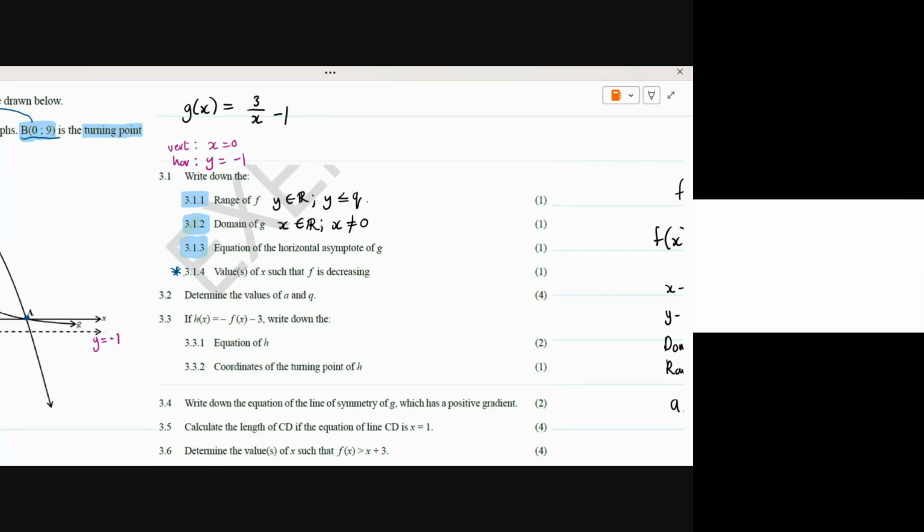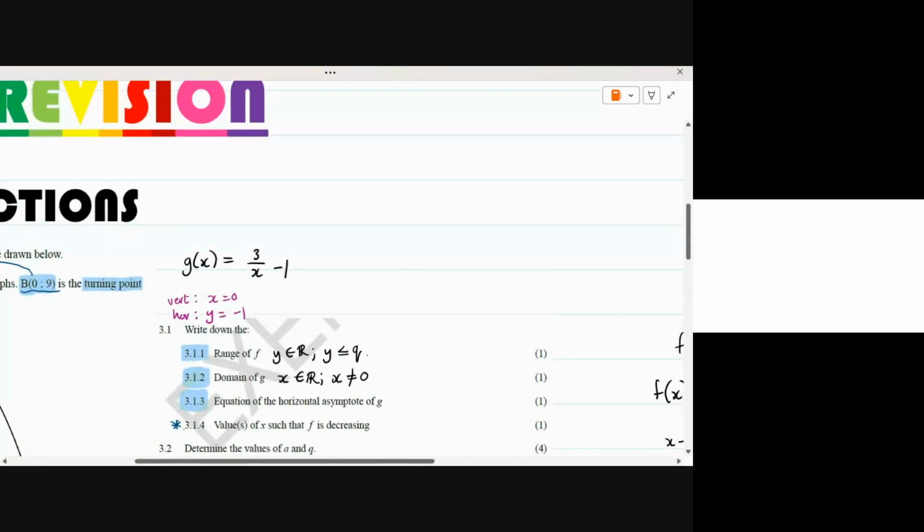Absolutely. So if we look at this function of our hyperbola, let's just take this part over here. I'm going to write this without my vertical asymptote: y is equal to 3 over x. x is going to be problematic when it's which number?